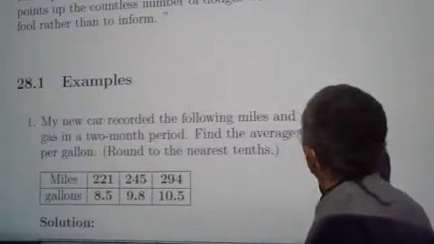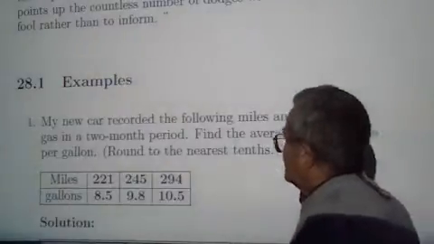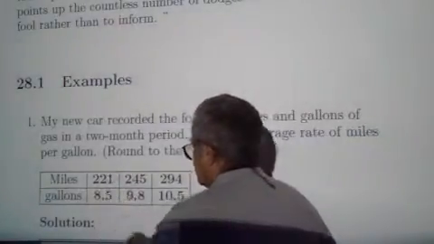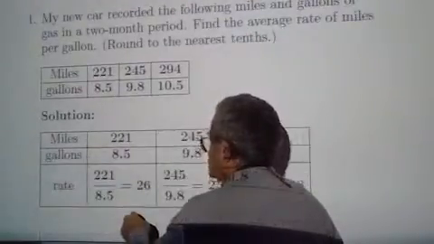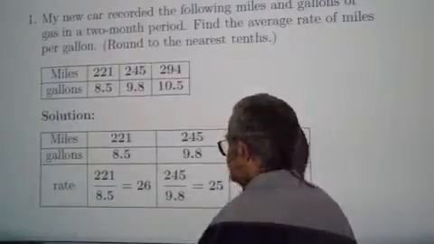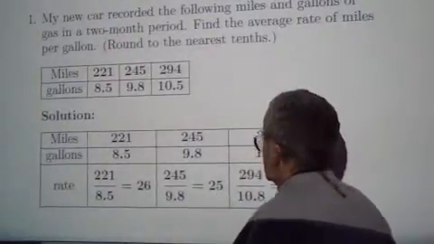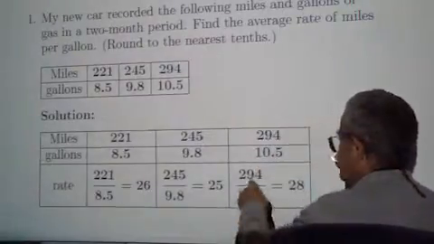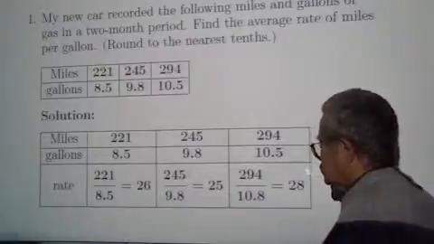So you wanted the mean, the average, the mean of miles per gallon. Okay? So miles per gallon, we divide, we get 26 miles per gallon. 245 over 9.8, 25 miles per gallon. 294 divided by 10.5, 28 miles per gallon.